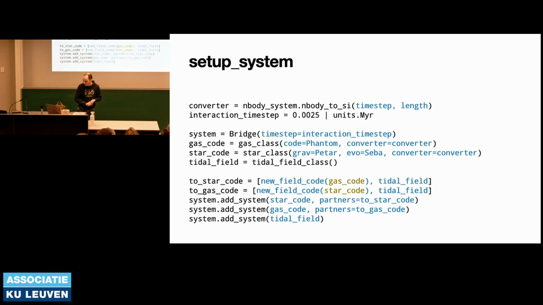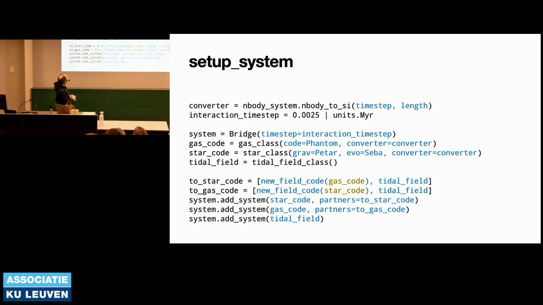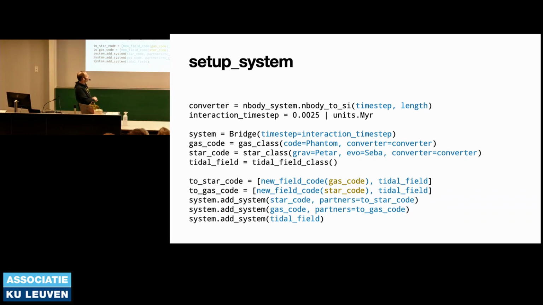The system setup works like this. First we create a converter, which says, okay, this is our time step, this is the length scale that we care about here. We add our gas and star codes to the system. We also include a tidal field, because the original galaxy that we were looking at was evolved using an external tidal field.